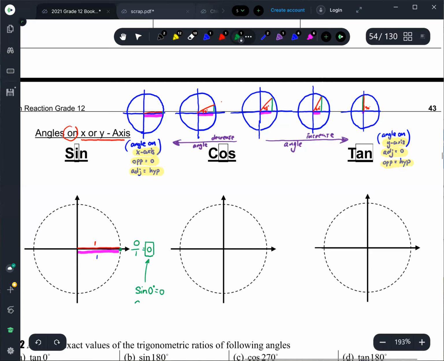For example, sine of 360 degrees will also be 0, right? Because 360 degrees just makes a full turn. It stops at the same place, etc. So anytime the angle stops on the right-hand side, the x-axis, the sine ratio will be 0.